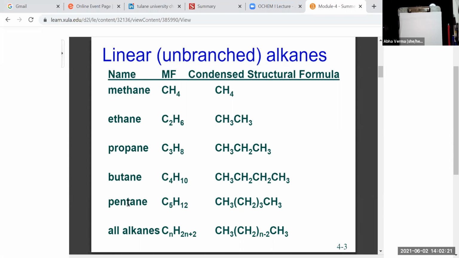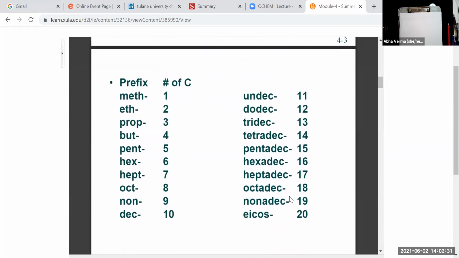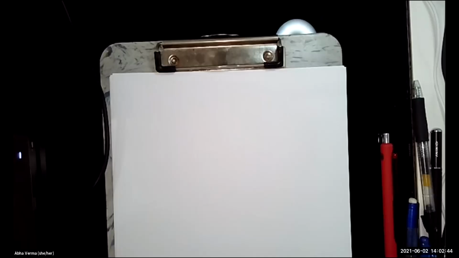For 5 carbons, it will be pent. And so on and so forth. We will have hex, hept, oct, non, and dec. Now for our course, please make sure that you know how to name at least these 10 carbons, up to 10 carbons.